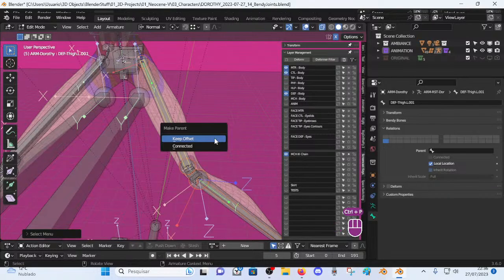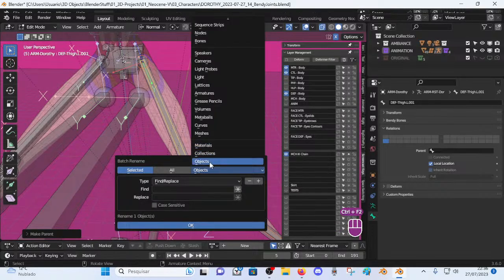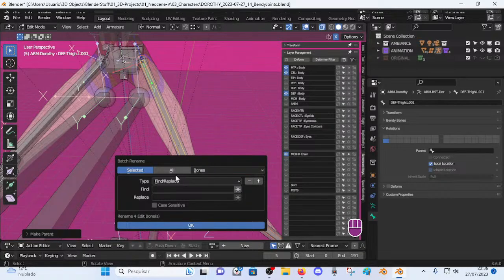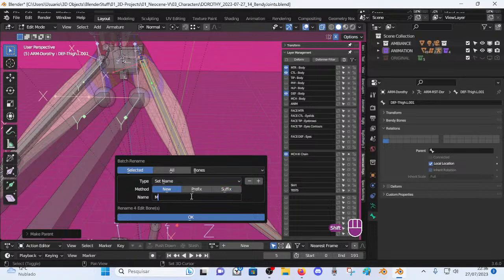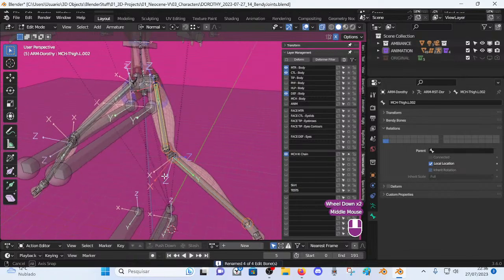And actually I should change the names of the bones, all because of those duplicates. So let's do a Control F. Too many features to erase. Find and replace, set name, new, so mechanism bone, left, whatever, type, set name, that's it. 4 bones.